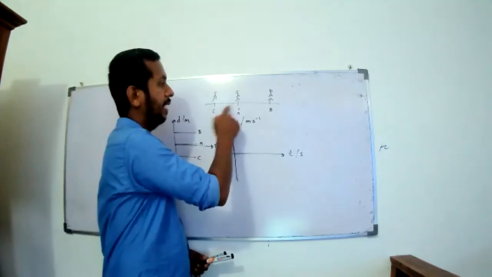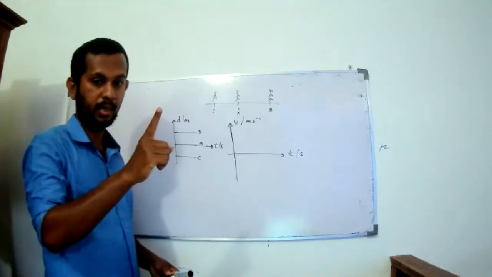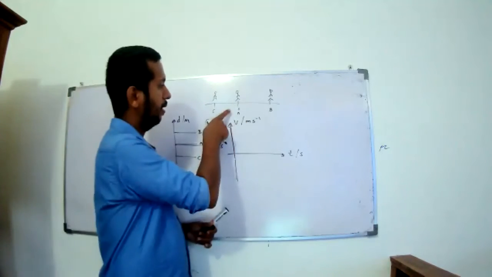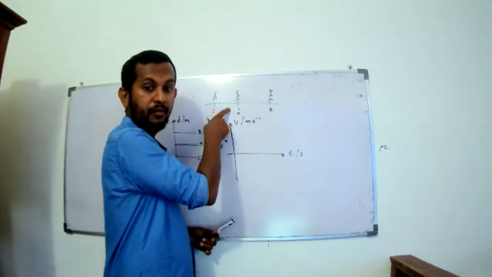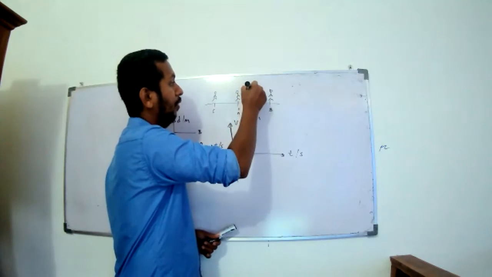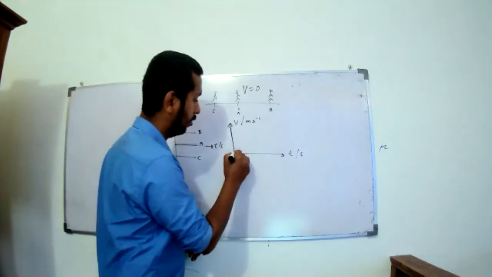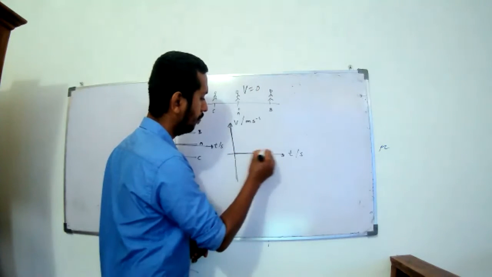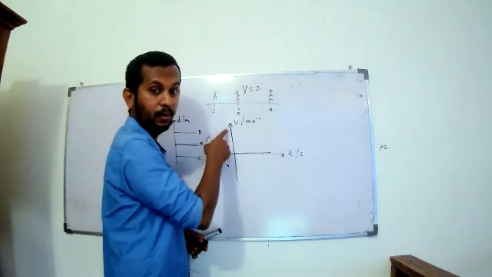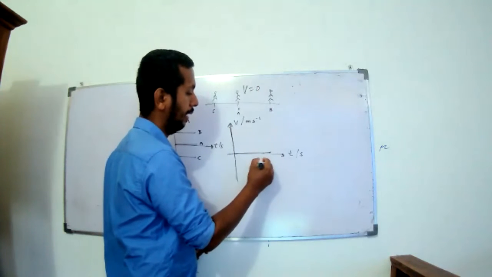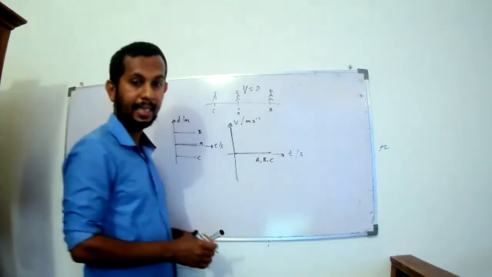So whatever their initial starting positions, we have to put only one graph. At t equals 0, velocity equals 0, v equals 0, because the person is sitting. And this should be the line, because velocity is 0 for all of A, B, C instances.